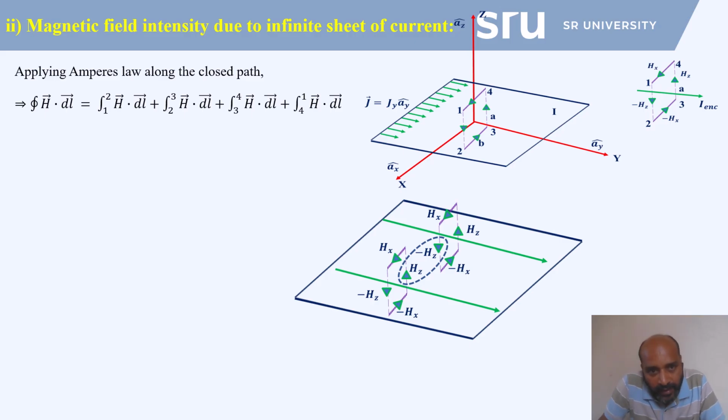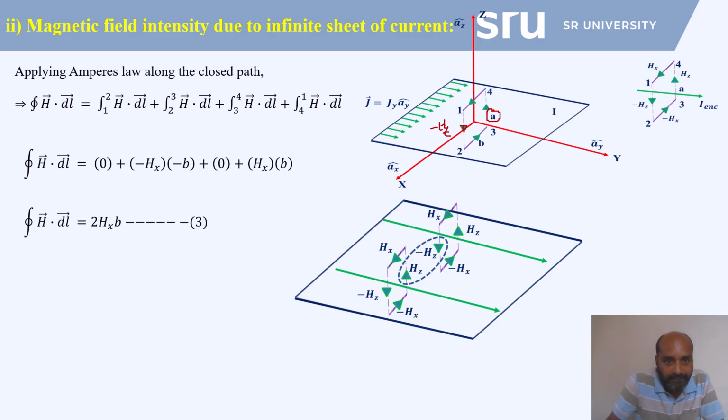Just here, 1 to 2. 1 to 2 is along which direction? Z. But it is downwards. The arrow mark is showing that it is along the downwards. So what is its magnitude? Minus hz, right? And what is the length? We are saying the length of that path is a.